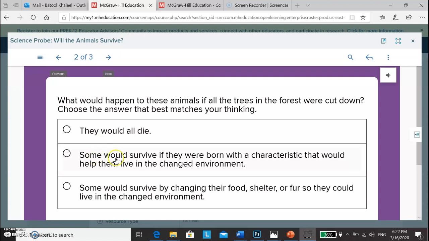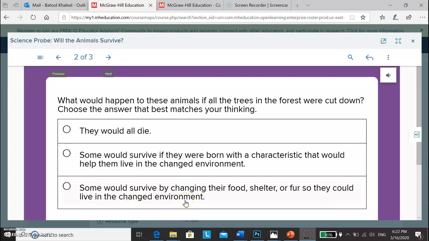Number two, some would survive if they were born with a characteristic that would help them live in the changed environment. Or some would survive by changing their food, changing their shelter, or changing their fur so they could live in the changed environment.